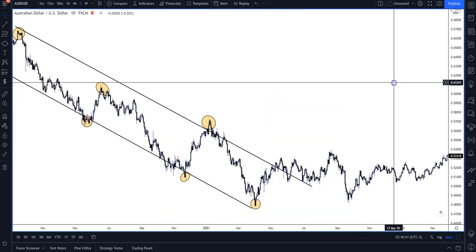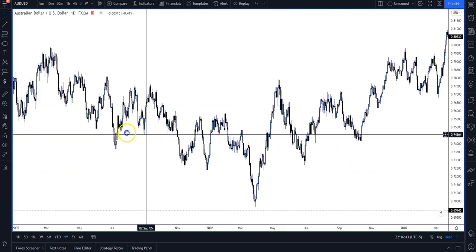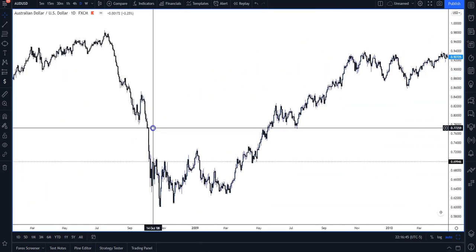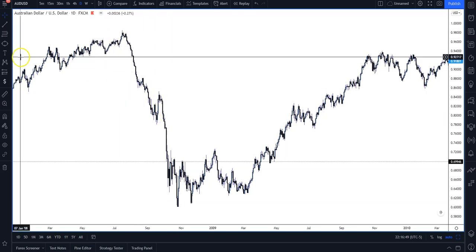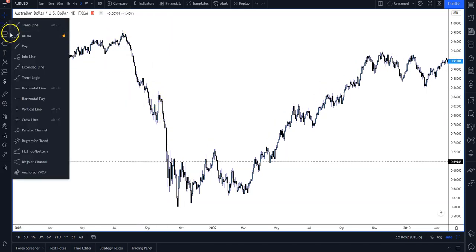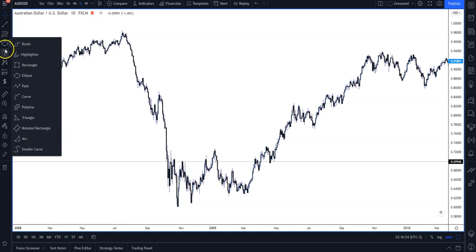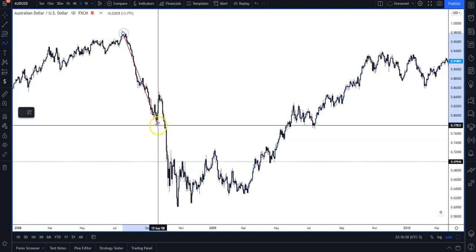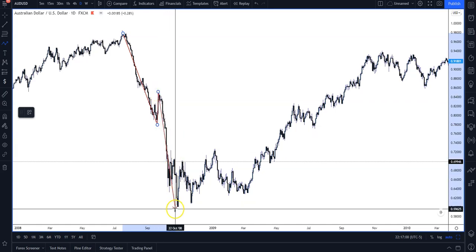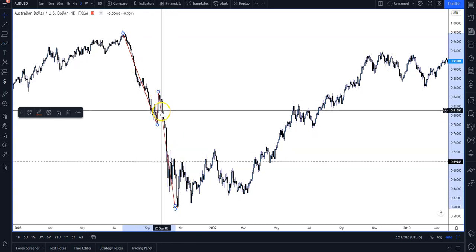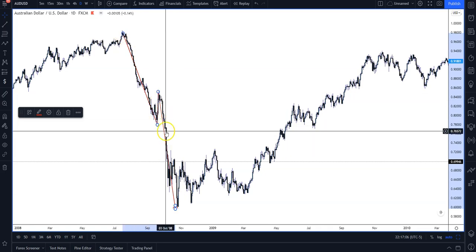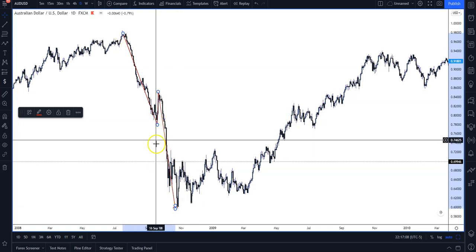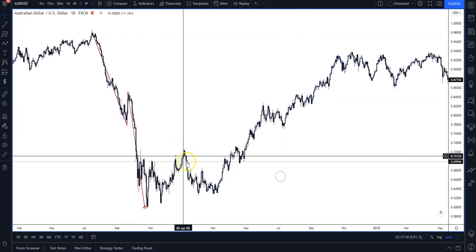Let's see if we can find another example. Even this could be a downtrend, but this is more of an impulsive move. Watch. So this would still be considered a downtrend. See how this high never breached the previous high, and this low was lower than this previous low until it reverses.